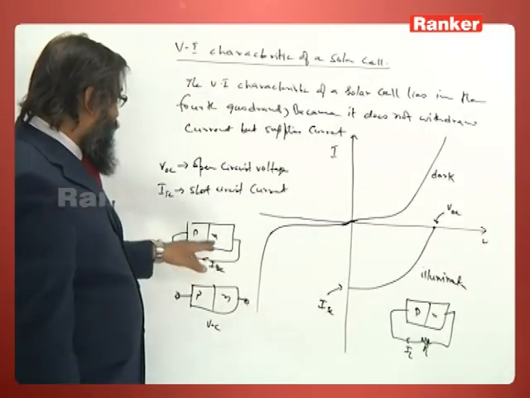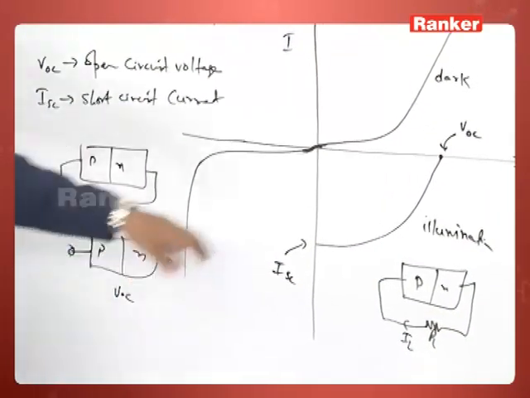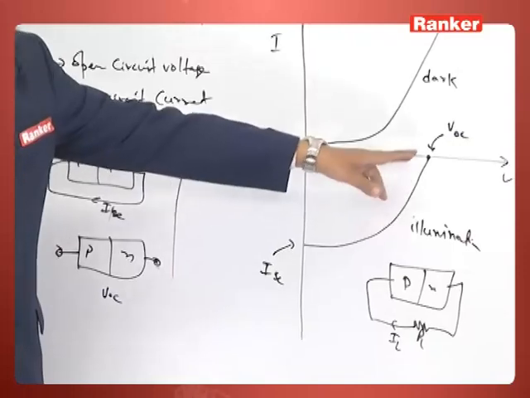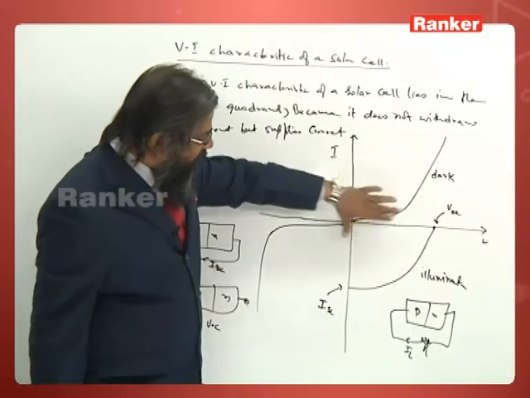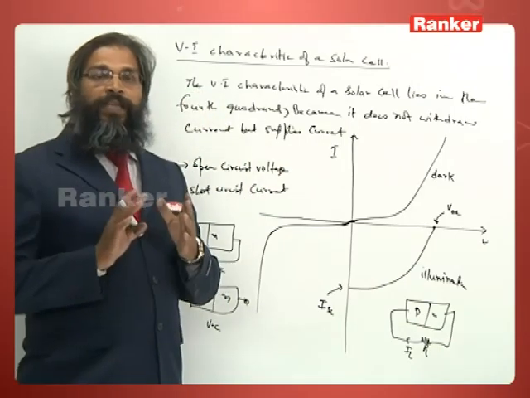When it is open, the voltage is this, and the graph is something like this. This is the VI characteristic of a solar cell.